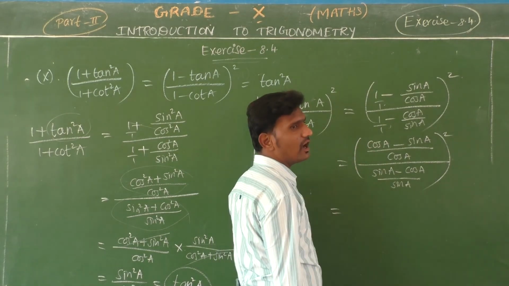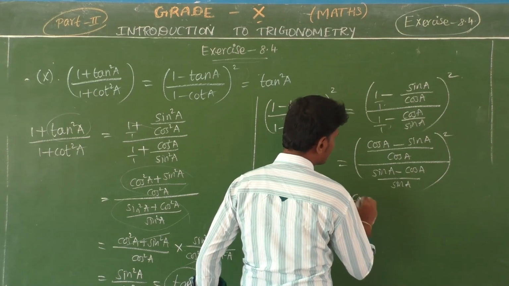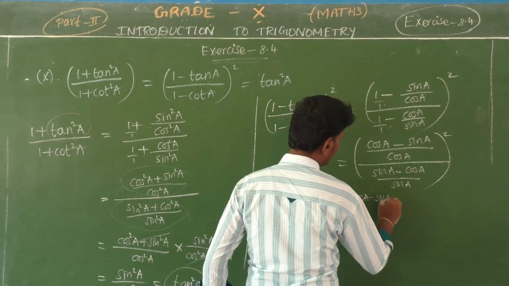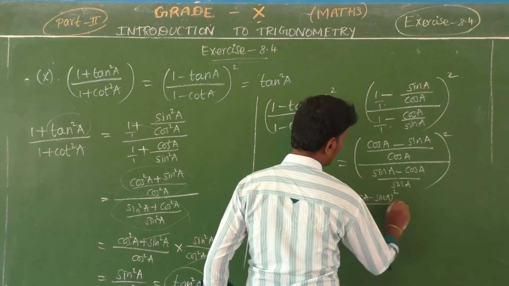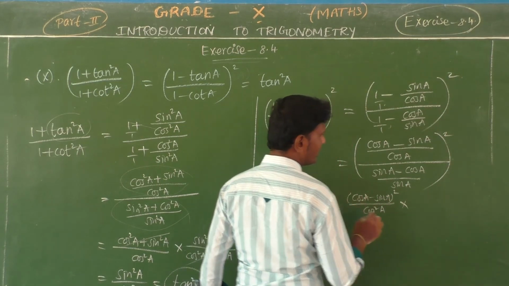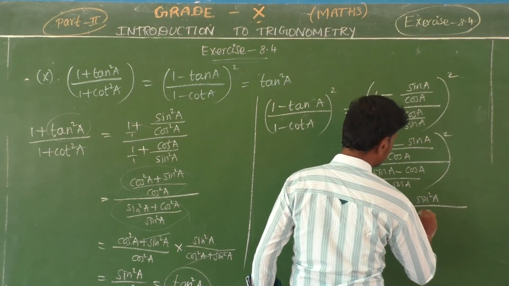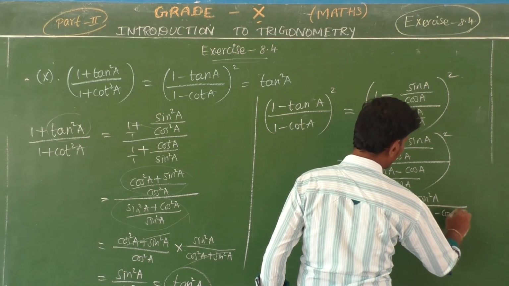Now it is very simple, how to take individually in both the numerator as well as the denominator, to get cos A minus sin A the whole square, whole divided by cos square A into sin square A, the whole divided by sin A minus cos A the whole square.